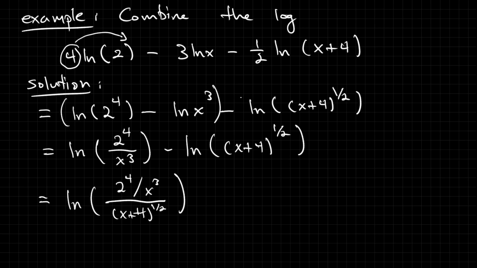Now inside the logarithm here, there's some simplification to be done. If you take a fraction and divide it by another fraction, which is what this is, then that is the same thing as taking the fraction in the numerator and multiplying it by the reciprocal of the denominator.